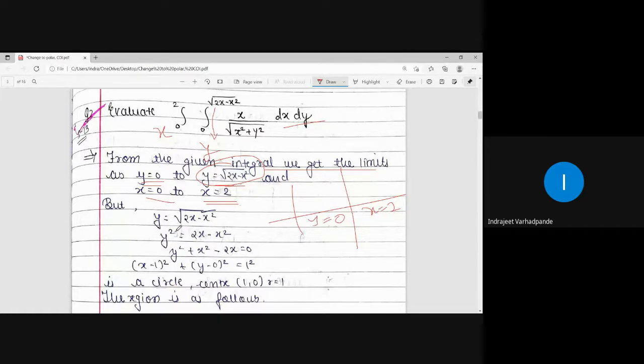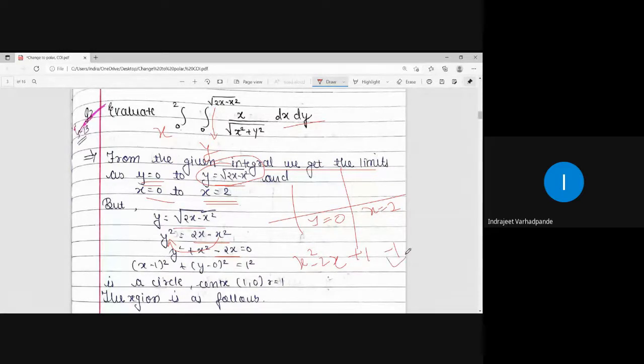So y equal to under root of 2x minus x square. Y square equal to 2x minus x square. Get x square on the other side: x square plus y square minus 2x. Yesterday, in the previous class, we used the completing square method. So x square minus 2x, by completing the square, add 1 and subtract 1.